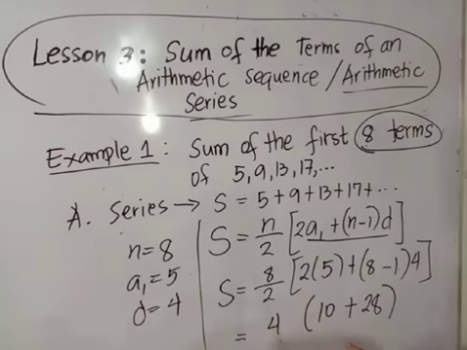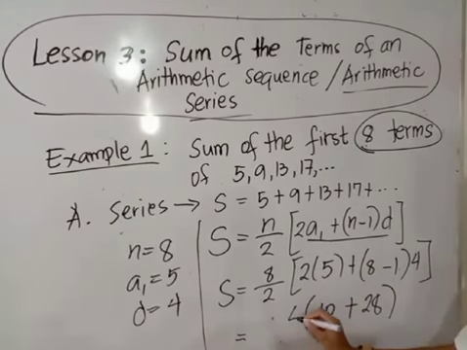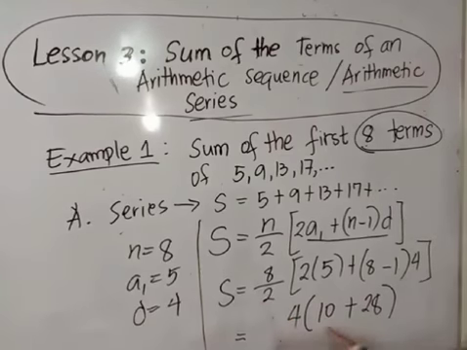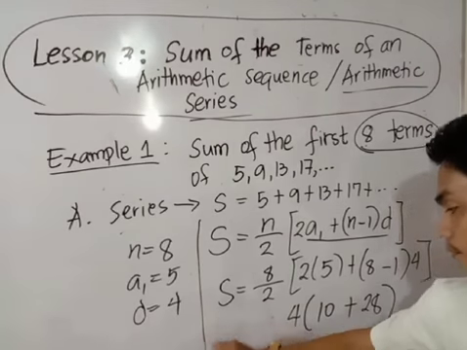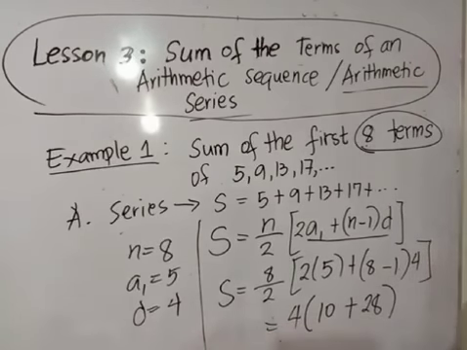These braces are used because there are parentheses inside. If we remove the parentheses, these braces will be converted to parentheses. Our next step is 4 times the sum of these two, which is 4 times 10 plus 28, that is 38. 4 times 38: 4 times 30 is 120, 4 times 8 is 32, so 4 times 38 is 152.